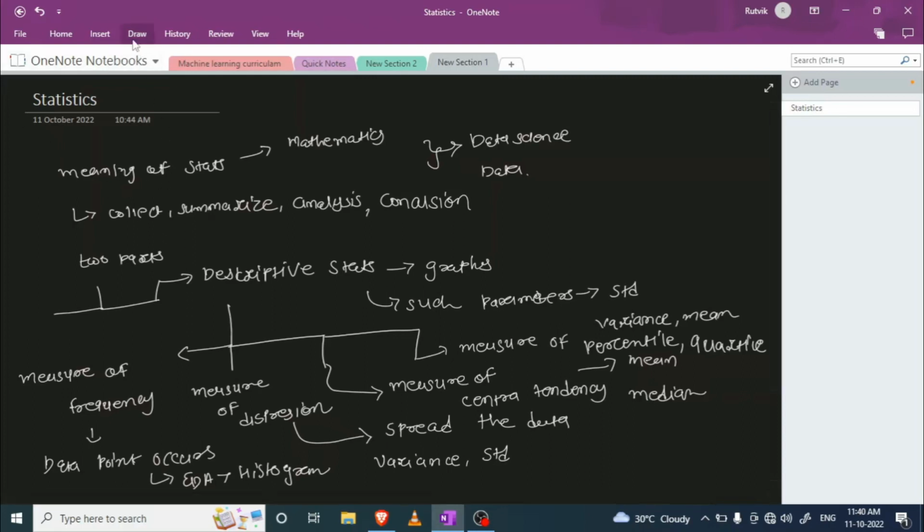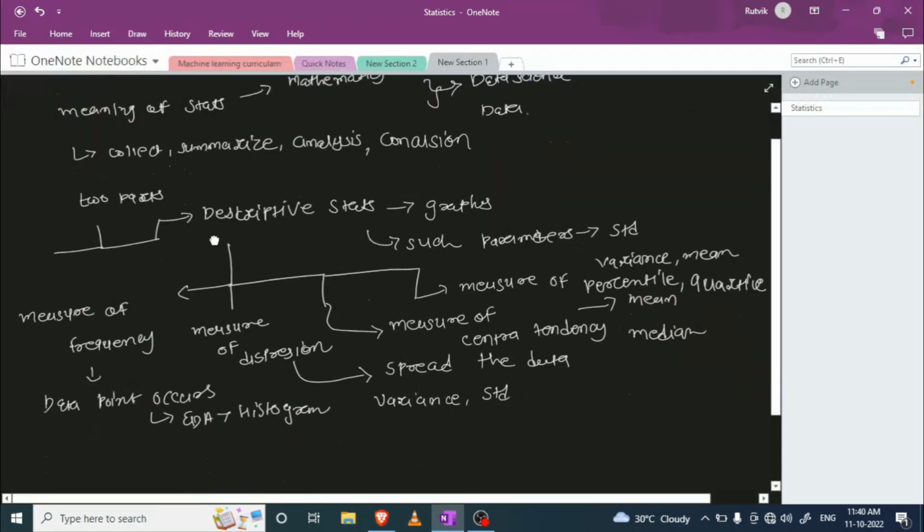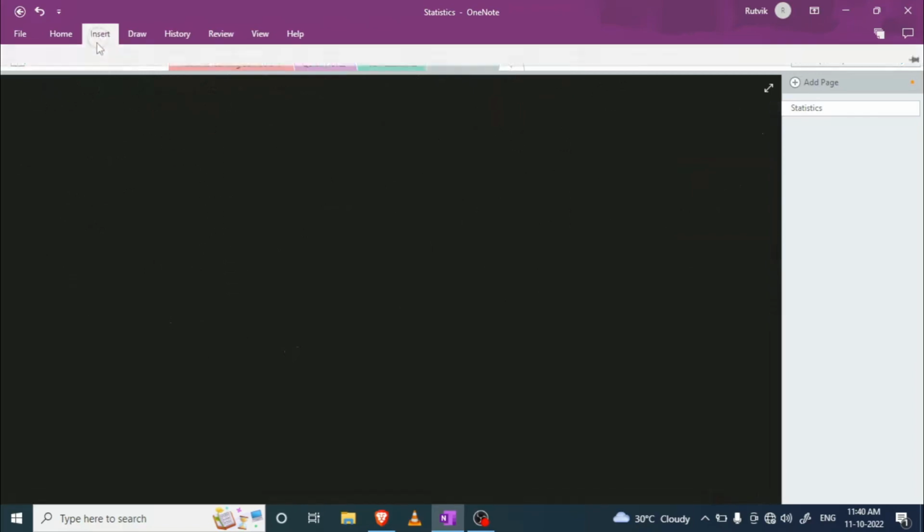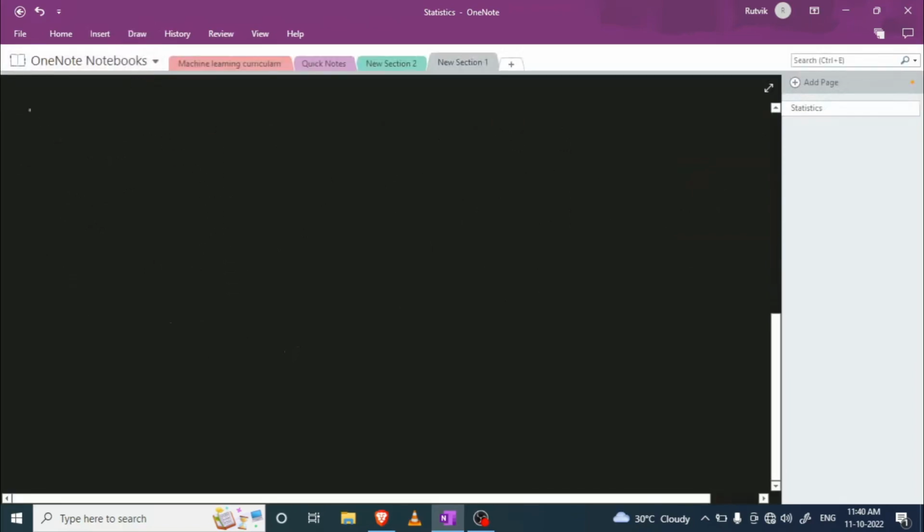Now the other part of statistics is inferential statistics. Whatever we have done in descriptive stats, like analyzing the data, after the analysis we are going to make our conclusion on that data.